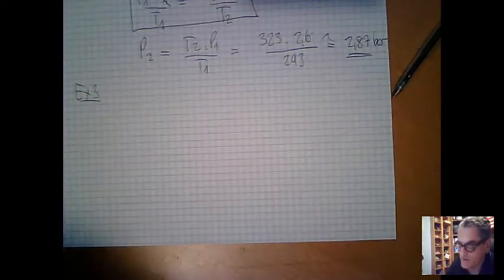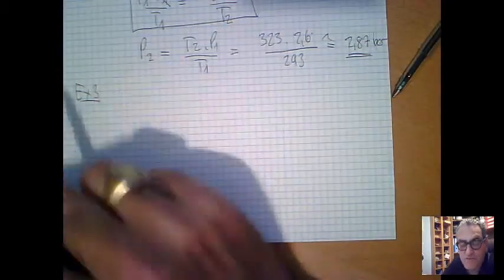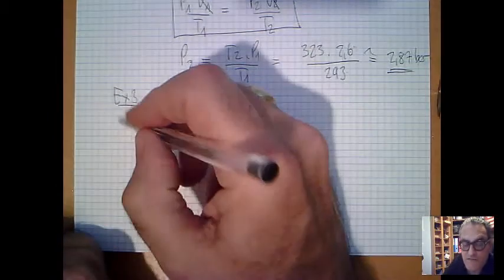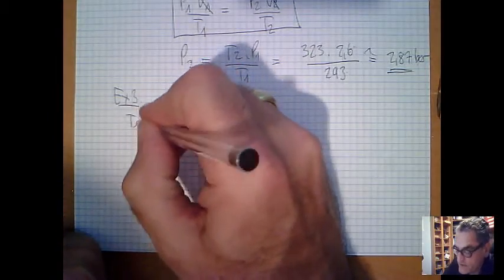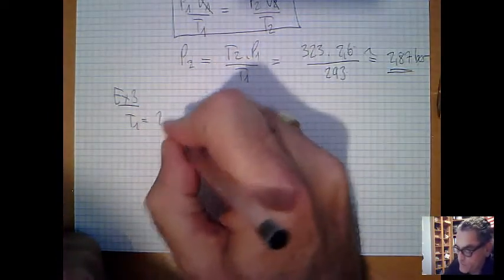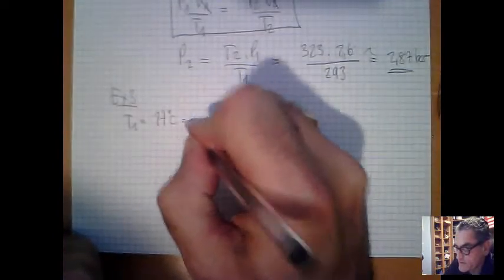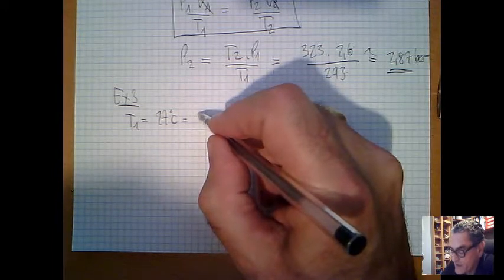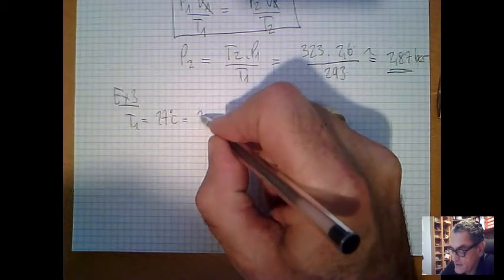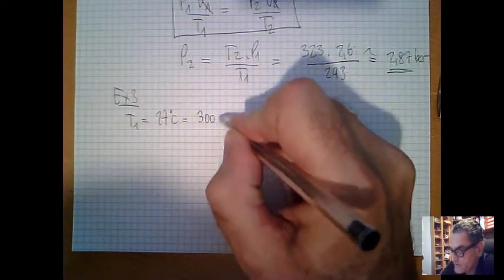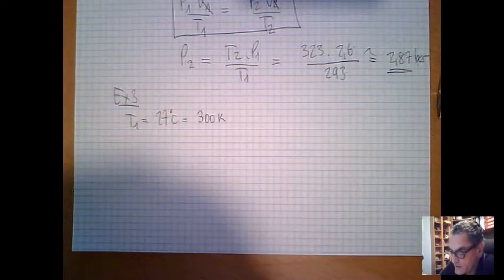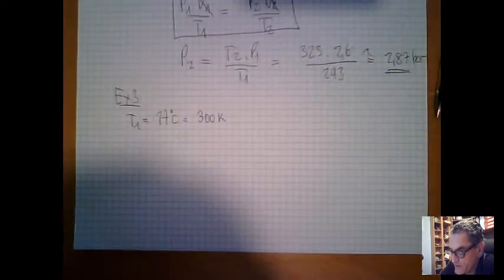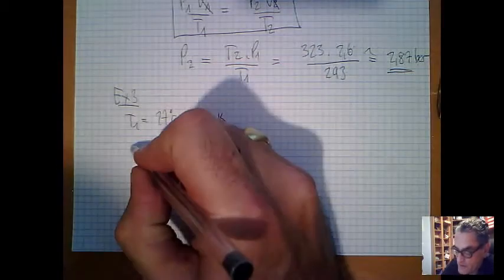Okay, so you have a tire which has been inflated at 27 degrees Celsius. So this is temperature 1, 27 Celsius. So immediately write it as 300 Kelvins. Is that correct? 273 plus 27, okay, 300.